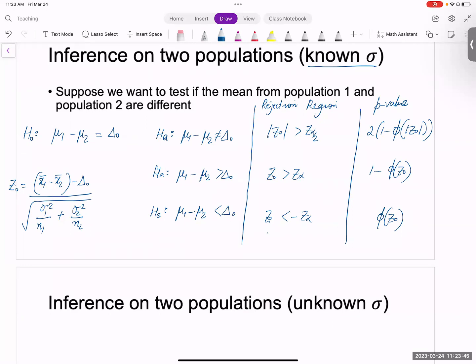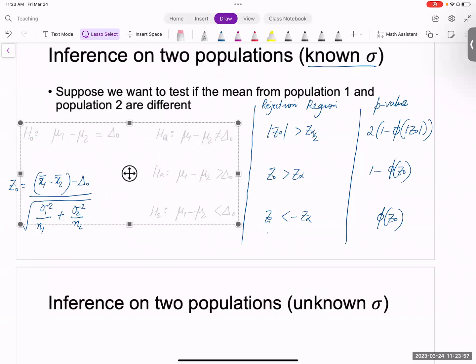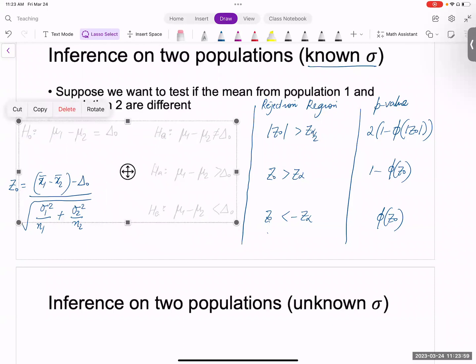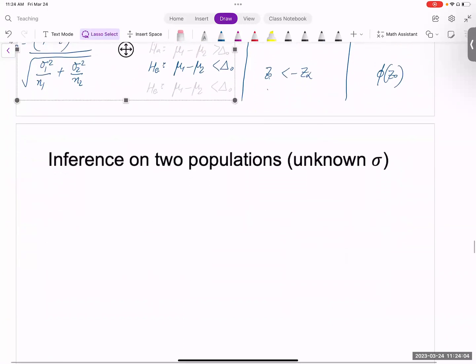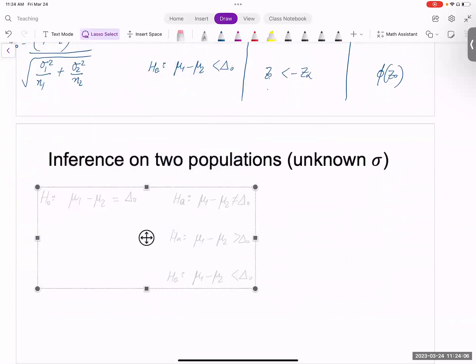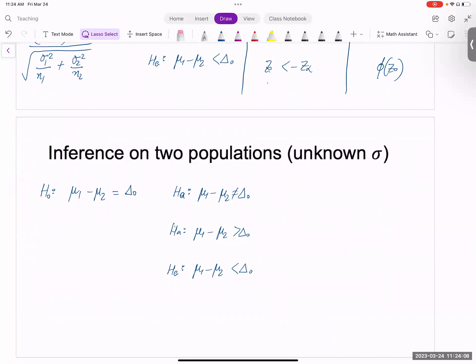Now, if sigma is unknown, we can again rewrite all of this using the t-statistic. So maybe let me copy a few things from here because this would remain the same. The situation is exactly the same. The only difference now is that your population variance is unknown.